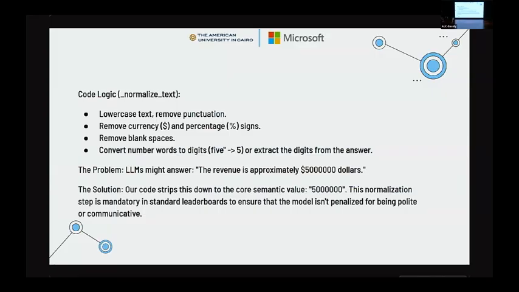For example, the LLM might output the average revenue is about $5 million, while what we want to compare with the ground truth is only the $5 million digits figure. So that is why this function is essential, so that we're not penalizing the model and the whole pipeline for being polite or communicative.